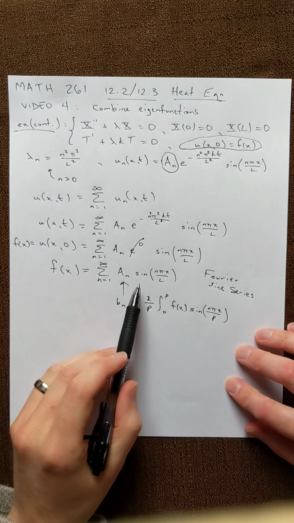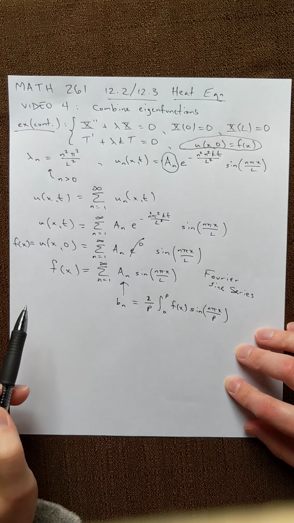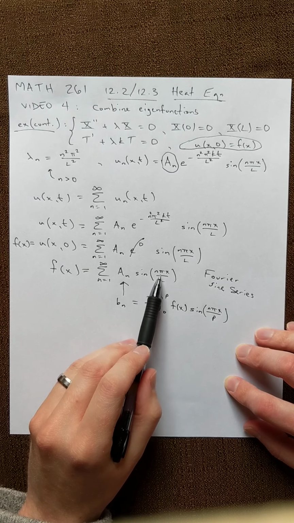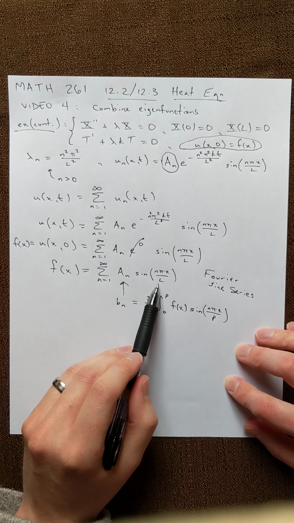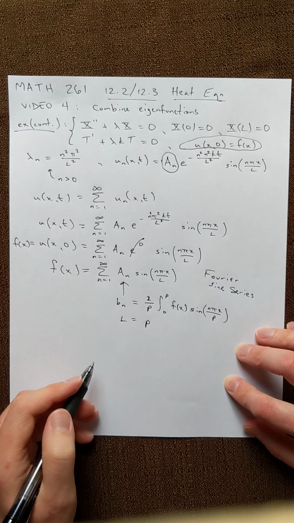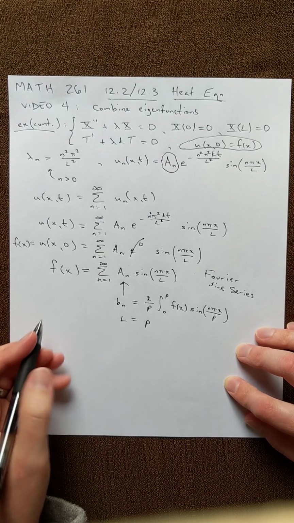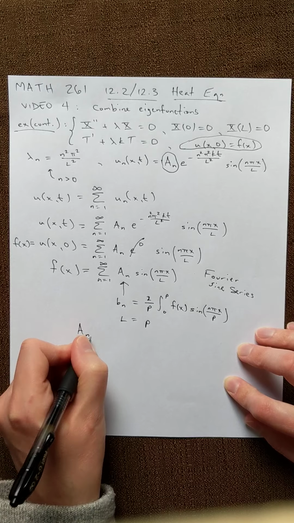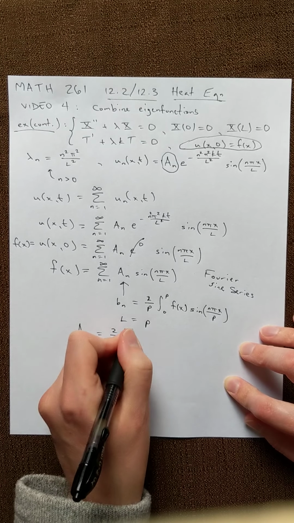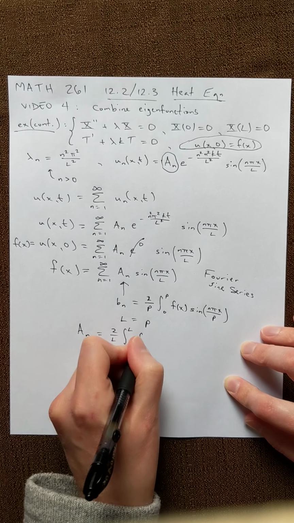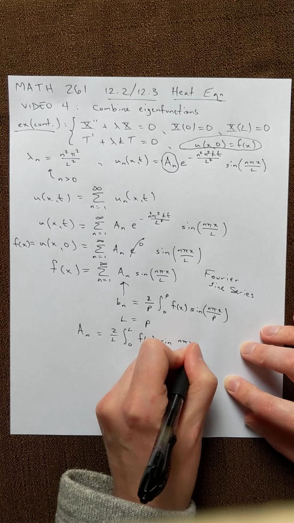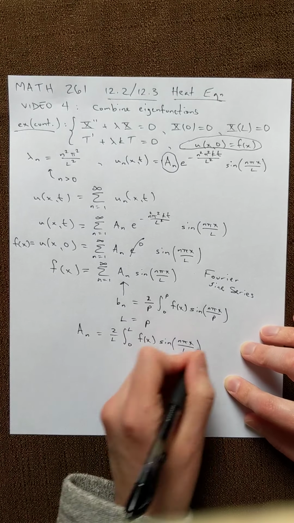Also comparing this series to the format of the Fourier sine series, it was supposed to be B_n sine n pi x over p, and so I guess that tells me that L is equal to p in this case. And so that means that our formula for a sub n is going to be 2 over L integral from 0 to L of f of x times sine of n pi x over L dx.